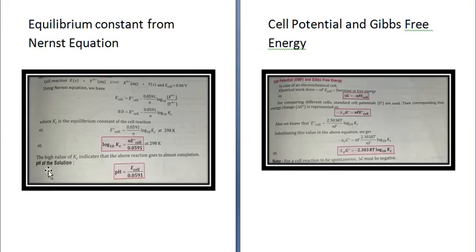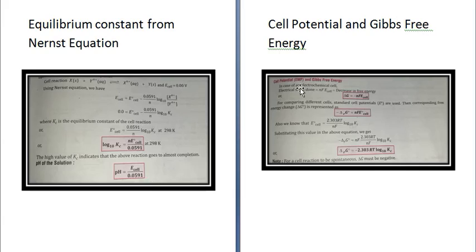And if you have to find the pH of a solution, pH is given by the formula E cell upon 0.0591. Next is cell potential and Gibbs free energy.